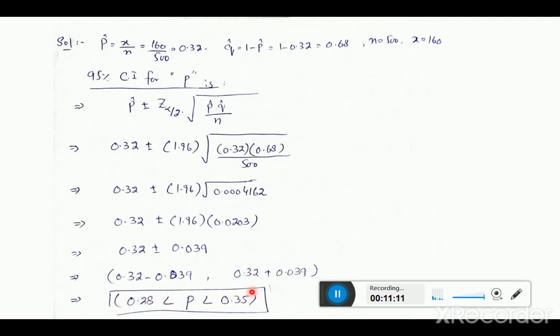This is a confidence interval for the true population proportion of people who prefer seafood, from 0.28 up to 0.35, and we are 95% confident about that. Hope a bit of the idea will be clear.